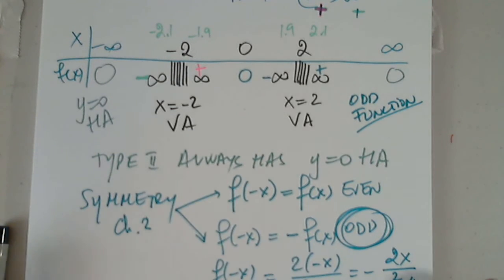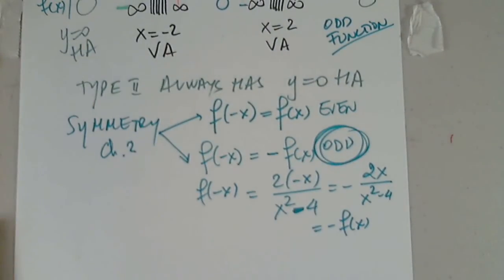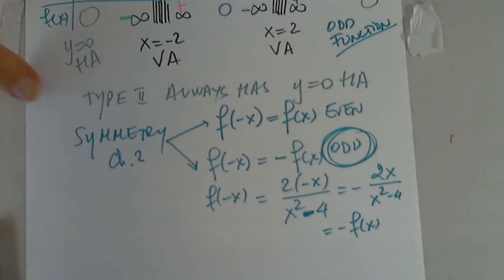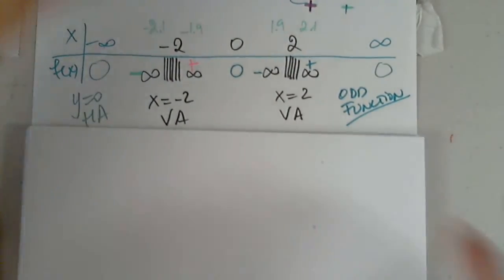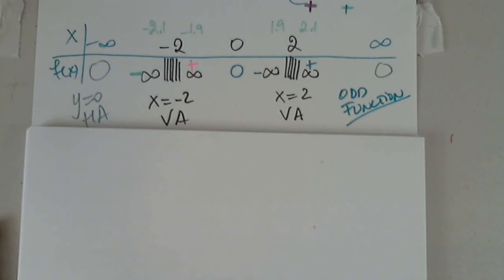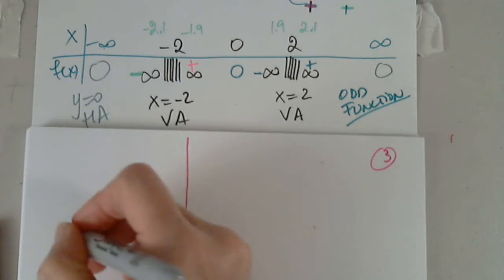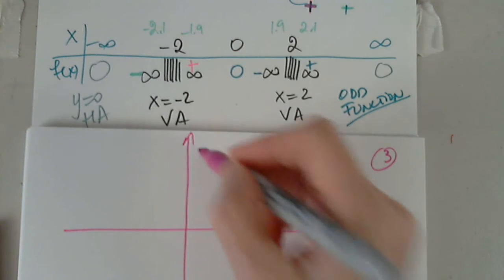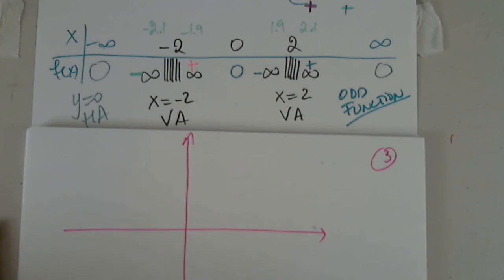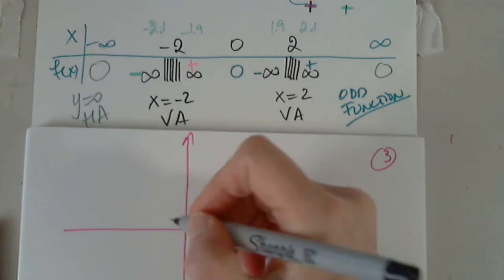Okay, done. Let's graph it. All I care about is my table. Nothing else matters anymore. I summarized all my information in one spot. So, asymptotes always first.